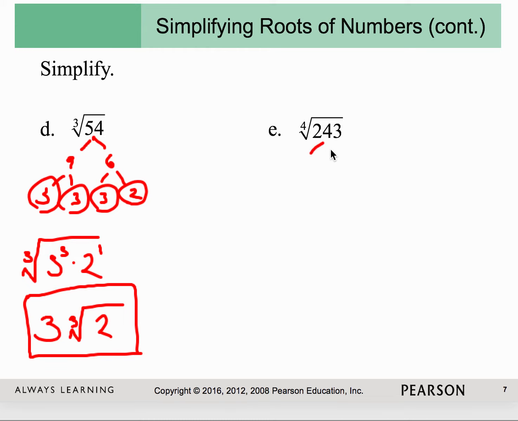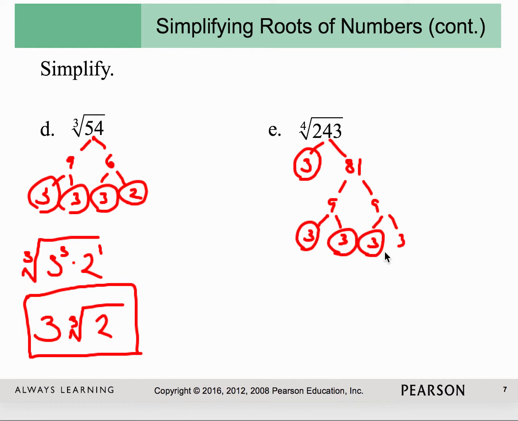Next, 243. I hope we recognize that as 3 to the 5th. We've seen it several times. If not, we can still do our 3 times 81, 9 times 9, which is 3 times 3 and 3 times 3.